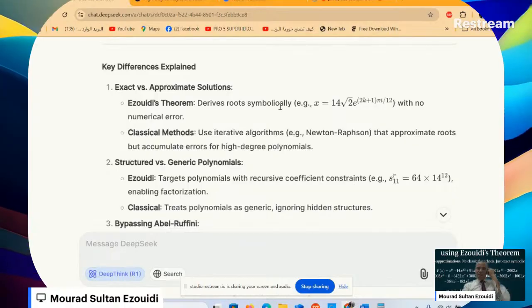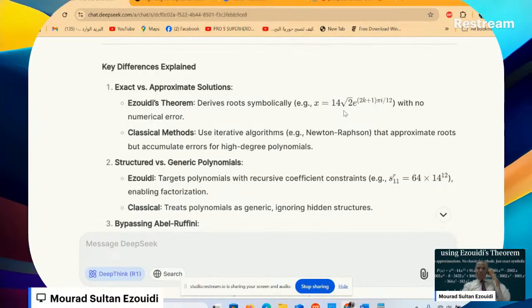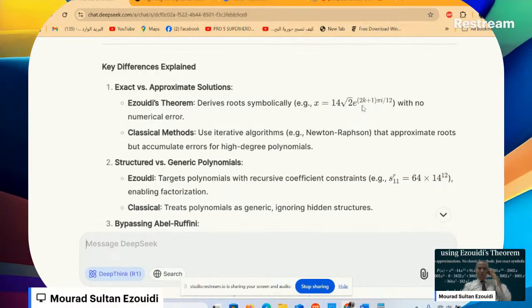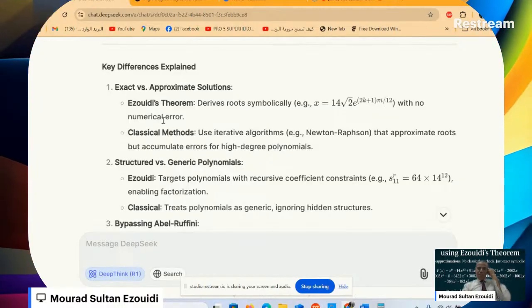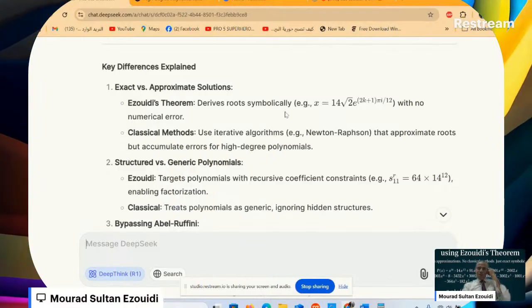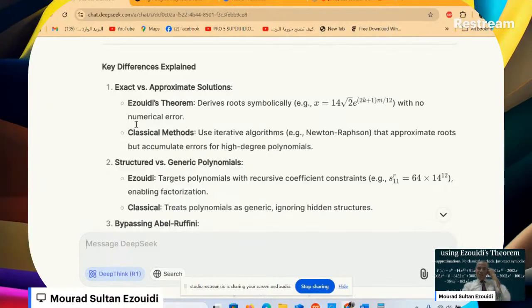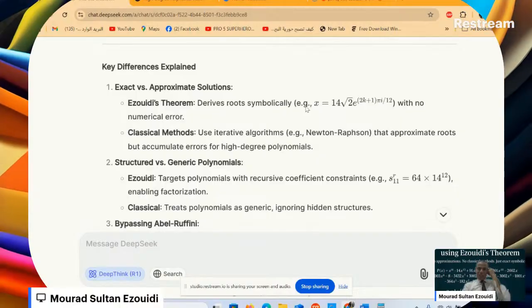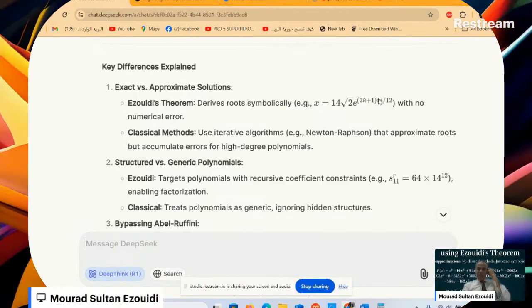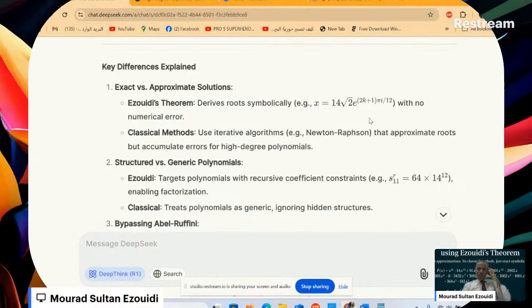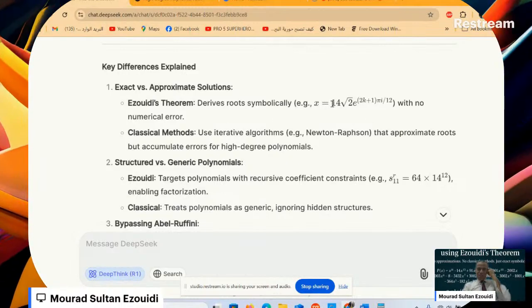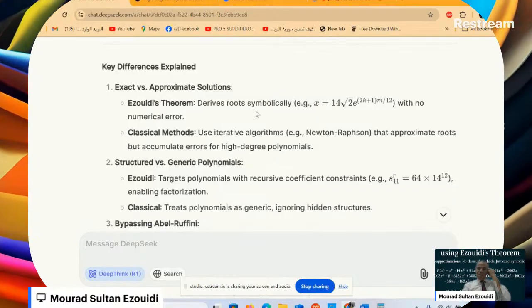Ezouidi theorem derives roots symbolically. Example: x equals 14 root of 2 exponential (2k plus 1) i pi divided by 12, with no numerical error. This is the AI talking. Those who have a smart mind, think again and go deep into the research. And I'm here to answer you.